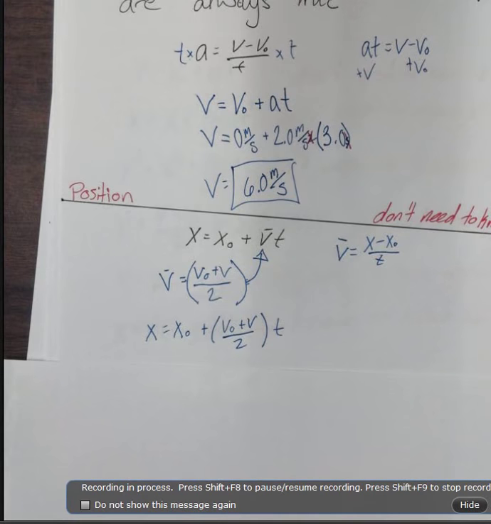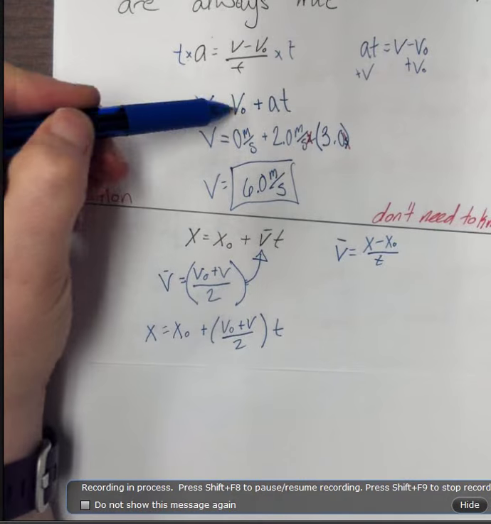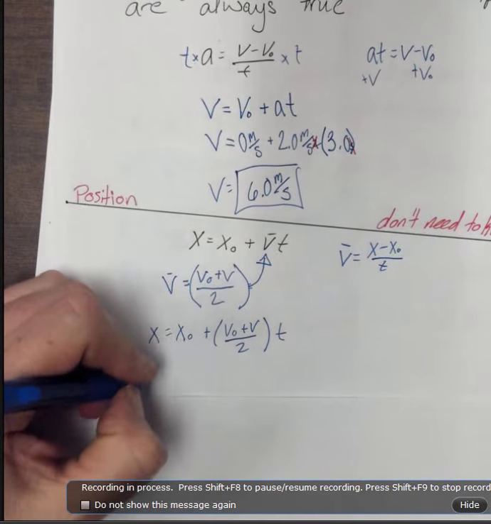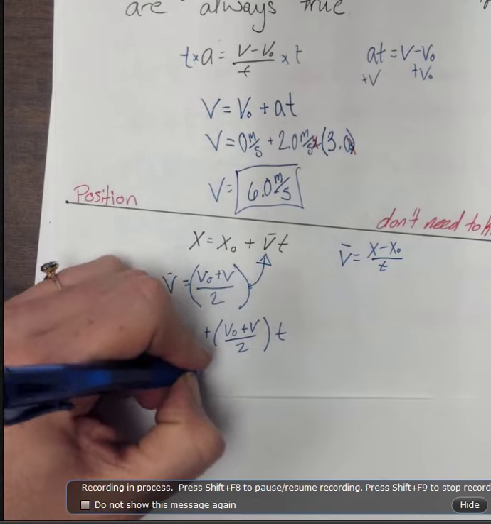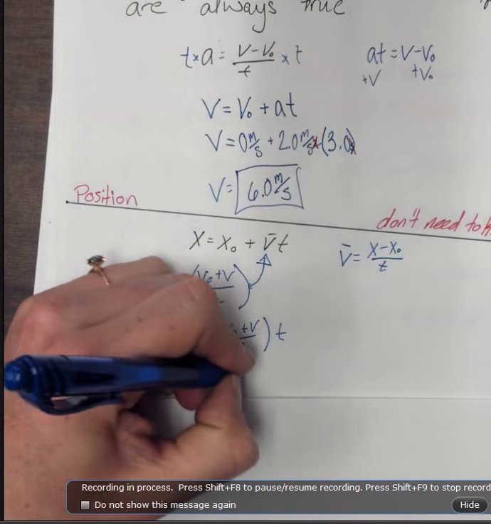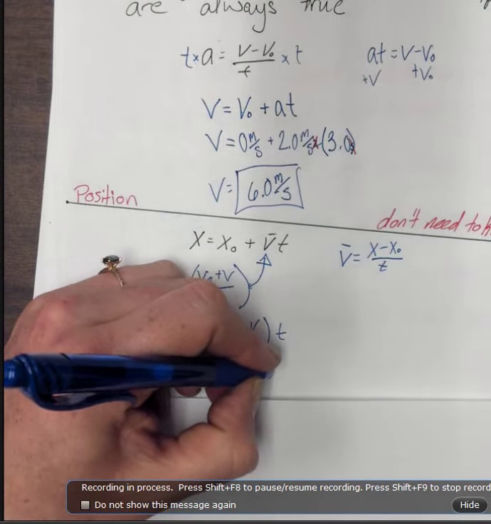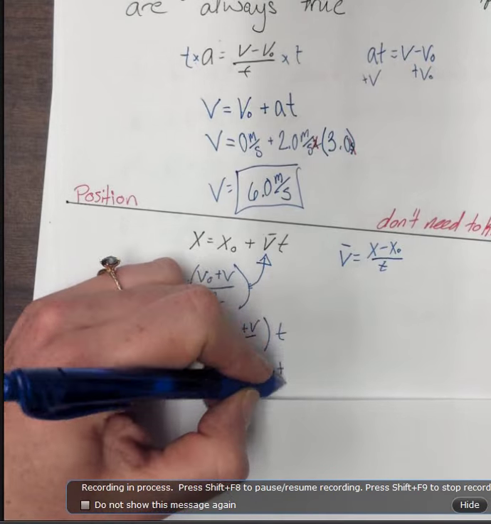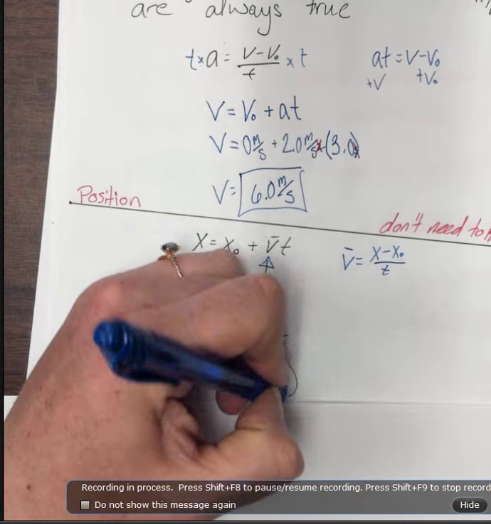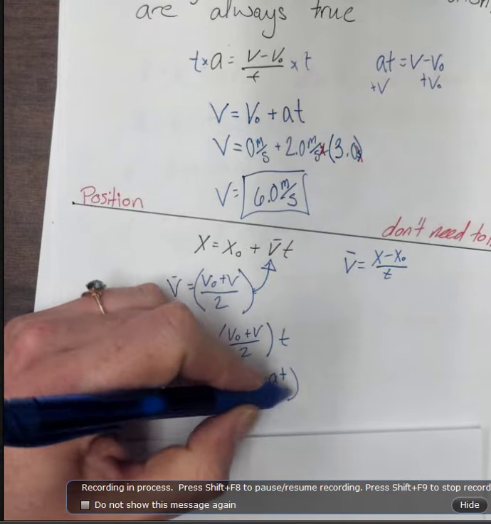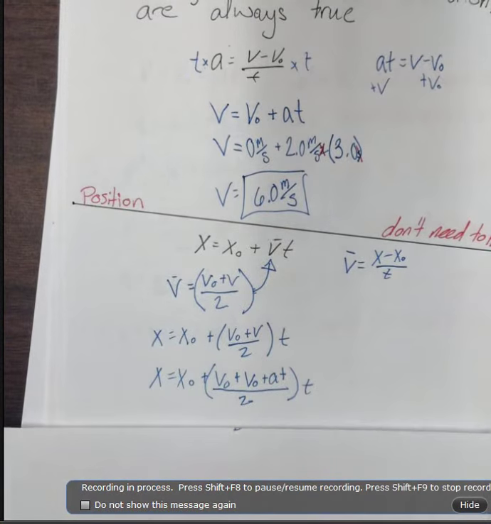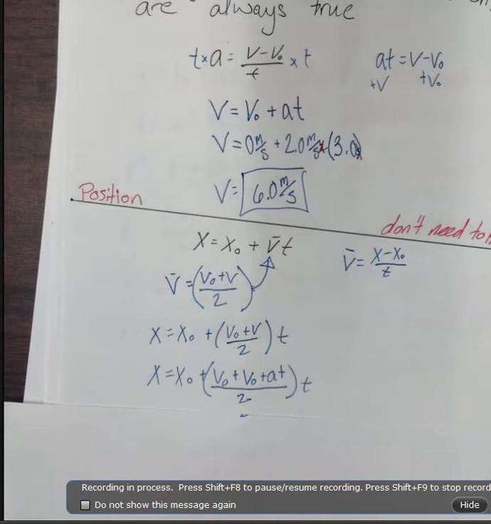Instead, I could take the final velocity, which equals v naught plus a times t. So I could say x equals x naught plus v naught plus v naught plus a t all over 2 times time. And now I don't have to worry about our final velocity.